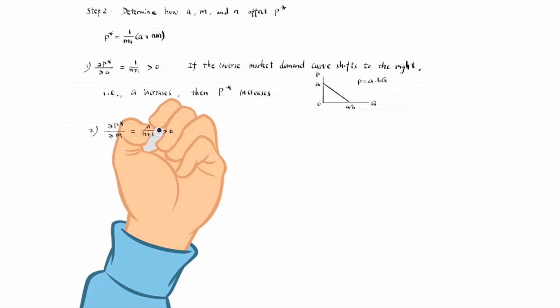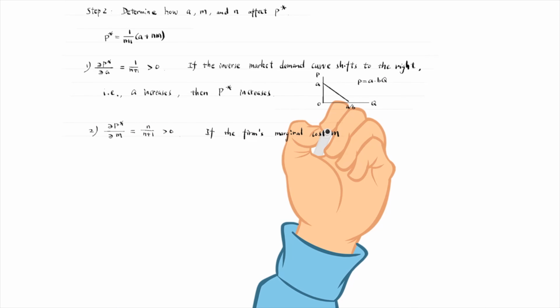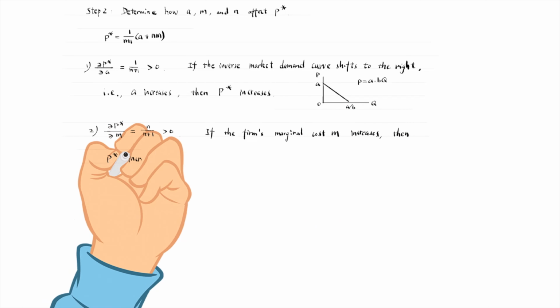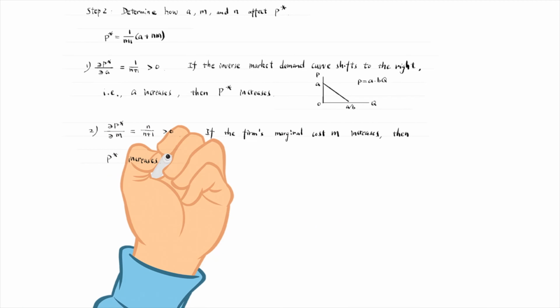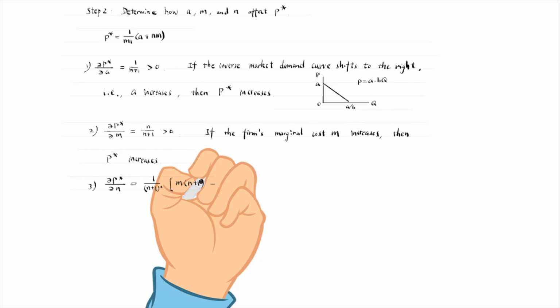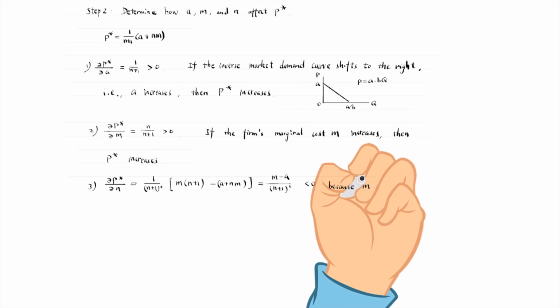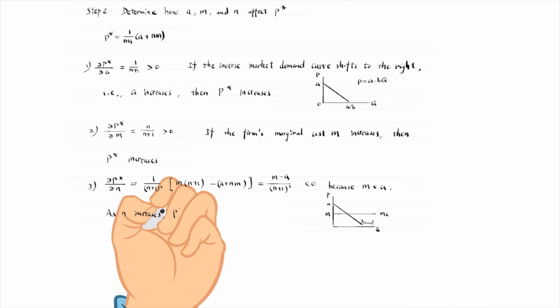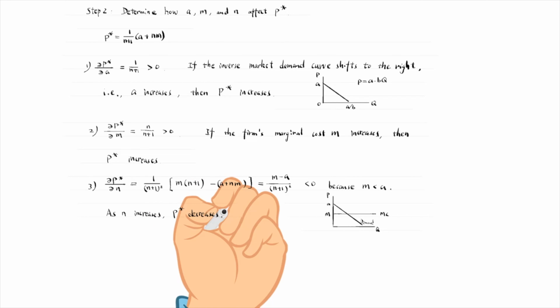The partial derivative of P star with respect to M is also positive. It means the market equilibrium price will increase if the firm's marginal cost increases. The partial derivative of P star with respect to N is negative. It means as the number of firms in the market increases, the equilibrium price decreases.